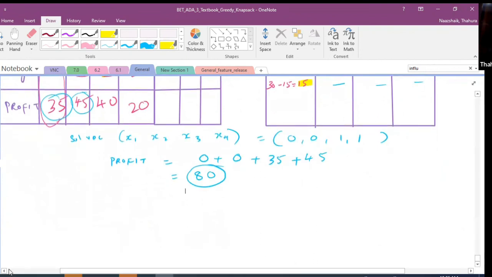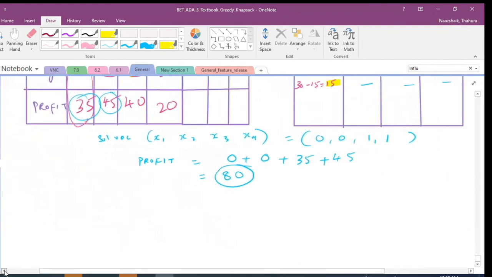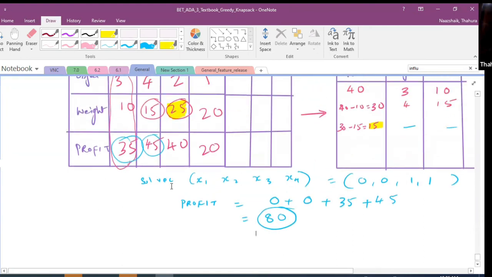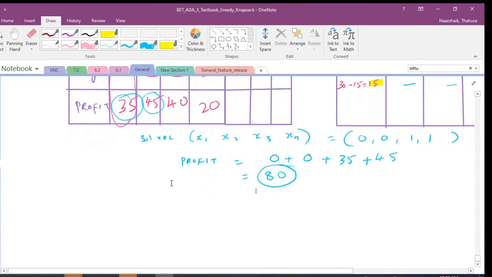Have you completed the problem for 0/1 knapsack? We did all three solutions, right? So we are done. One last step is pending. Who can tell? We solved all three. One last step is pending: the optimal solution we have to find. Very good. So what is the optimal solution?